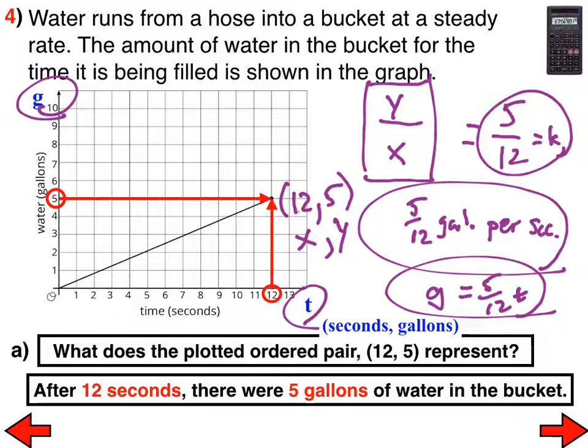Yes, it would be at 1 comma 5/12. I didn't ask for that one, but if I did, that's where the unit rate is on the graph. So once again, 3 or 4 of you are just doing the left number divided by the right number. That's not what I'm saying. It's y over x. That's how we work backwards in a table.